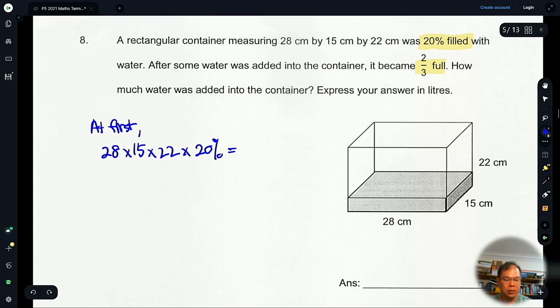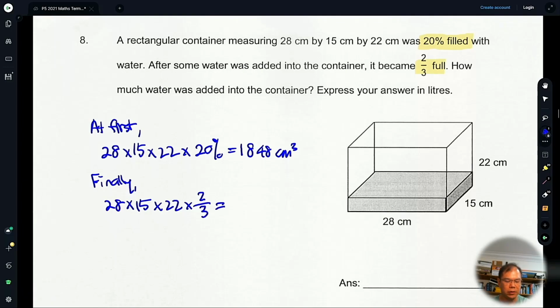Okay, I will get 1848 cubic centimeters. So finally, how much water was there inside? So 2/3 of the container, so I multiply by 2/3 of the capacity of the container, right? I should get 6160 cubic centimeters. So what is the difference?